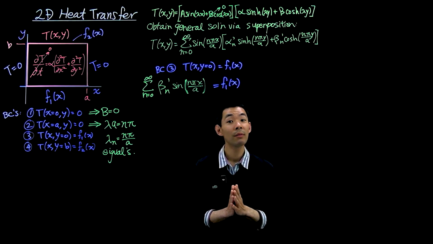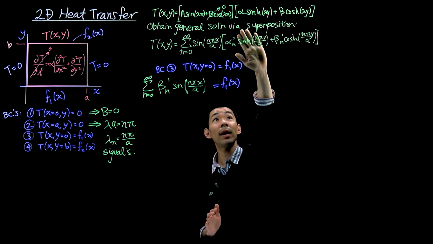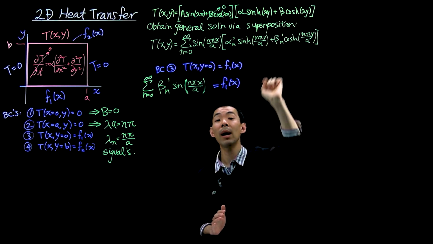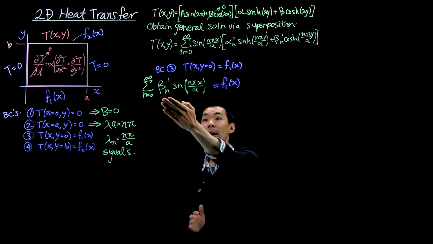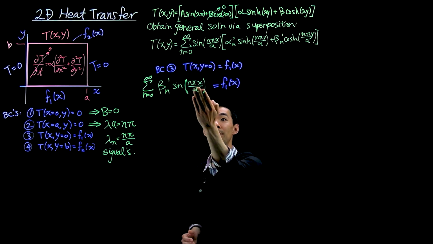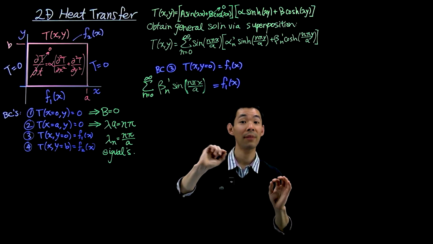So what we get when we plug in y equal to 0 here is, like I said, the alpha prime sinh term dies, and cosh of 0 is 1. So we get beta n prime left over. I just move it over into the front, and then we have sine n pi x over a. Again, x is a free variable in this case, so it's just left alone.